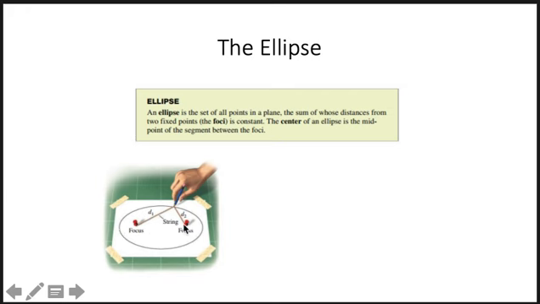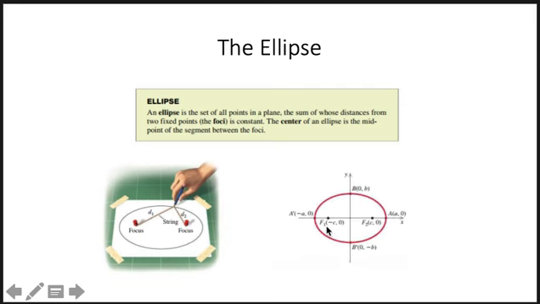These two points are called the foci. Plural is foci, singular is focus. So those two points are fixed. The center is exactly between, it's the midpoint between these two segments. And the length of that string is constant.